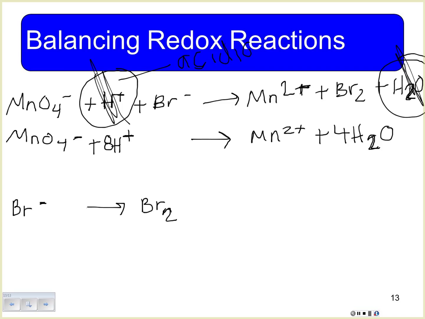Just 2. Okay, water's neutral there. So we have a +2. If you want to write it out, you can, or you don't have to. It doesn't matter. Okay, and on the reactant side, what's our total charge there? Okay, so we've got 8 times +1 minus 1 gives us 7. Okay, so we have a +7.